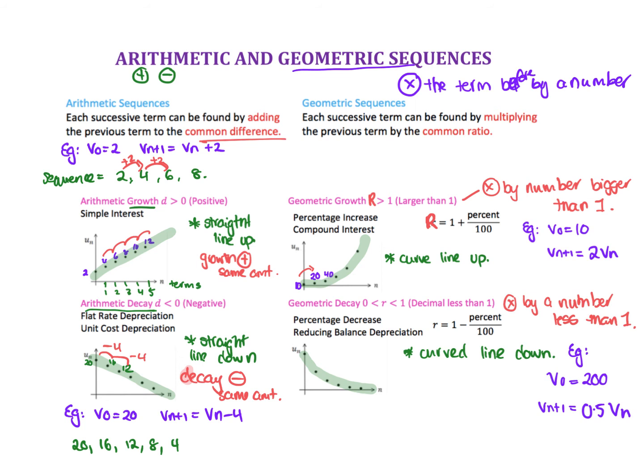So see, that's a number less than 1. So you would be halving it every time. So say this one would be 200, the next one would be 100, and the next one would be 50. So you can see it reduces by not the same amount, but it's reducing by the same percentage or ratio.